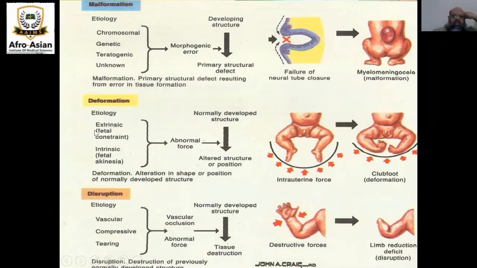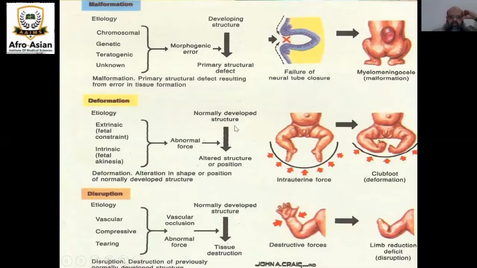Deformation: extrinsic fetal constraint and intrinsic fetal akinesia are the etiological factors. There will be abnormal force on normally developed structures, with altered structure or position.